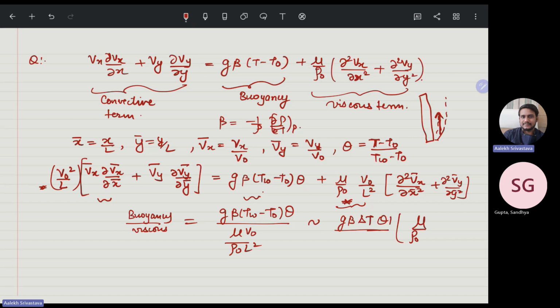I make it L cube and multiply at the denominator as V0 L.